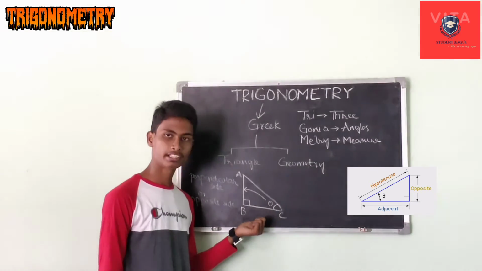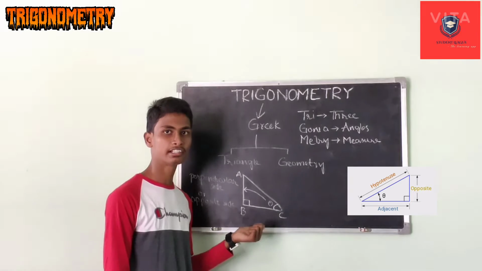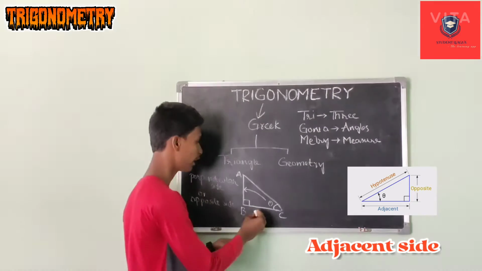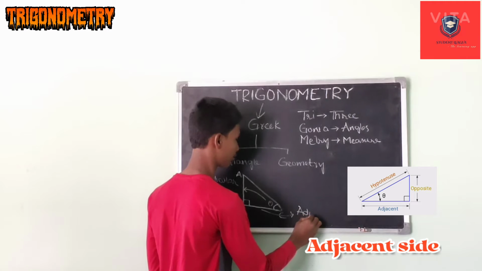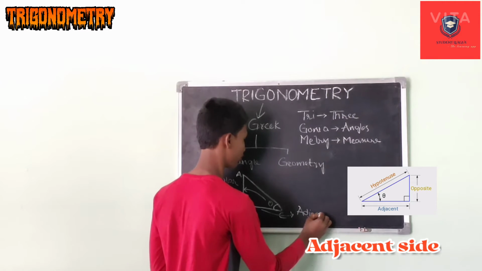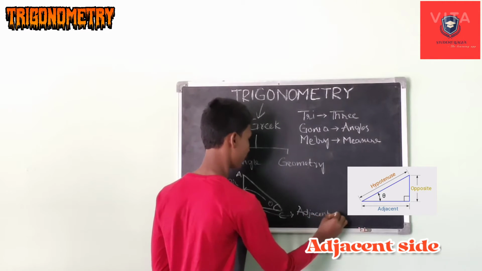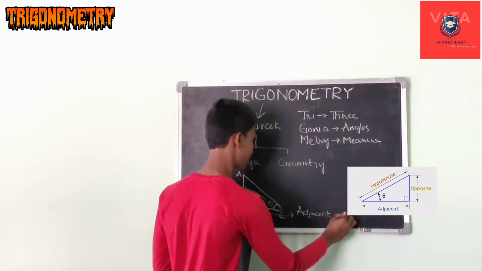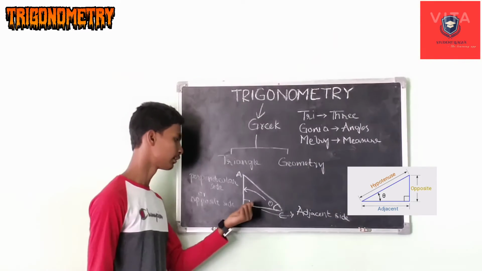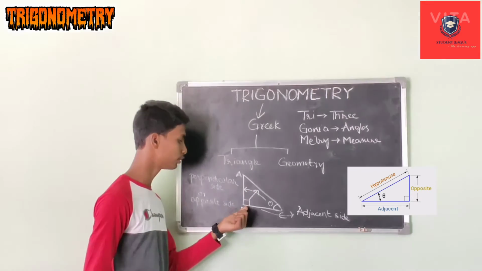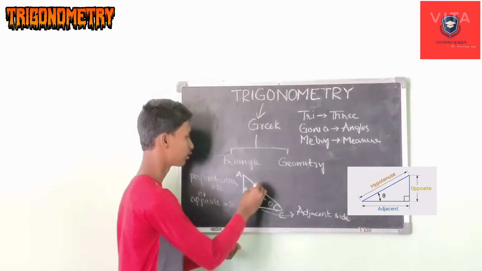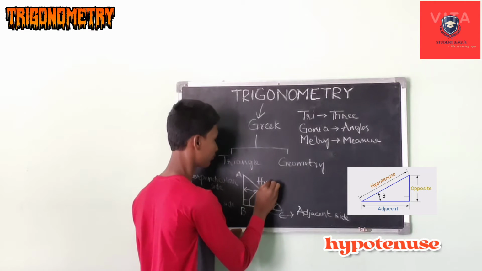The side adjacent to the angle theta is known as the adjacent side, and the side which is opposite to the right angle is known as the hypotenuse.